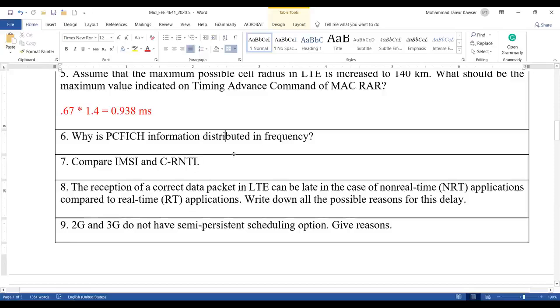Anyway, so this frequency diversity: in the frequency domain, you use diversity, you distribute your information at different frequency locations, because there can be sudden interference on some frequency.